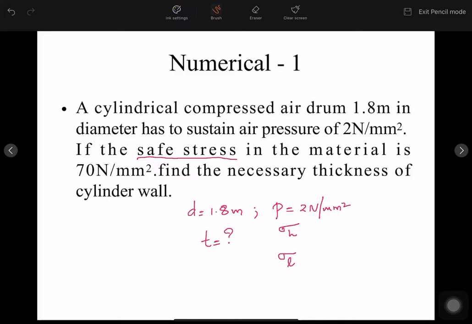We need to identify that, or else you won't be able to solve this problem, which seems to be a simple numerical. Until you find out this logic, you won't be able to solve it.